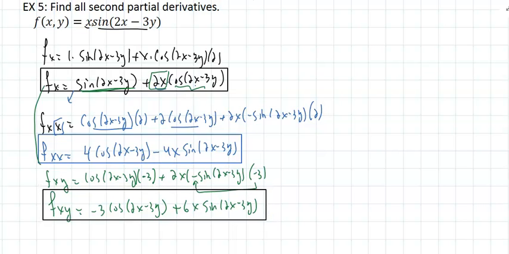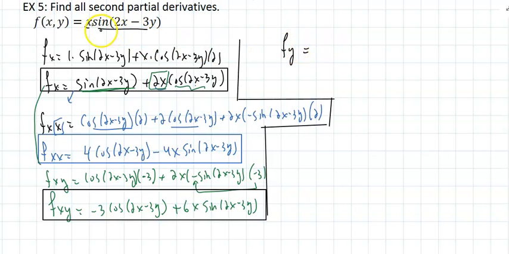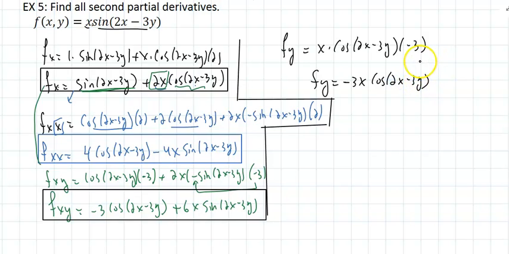What's the other half? I'm going to find f sub y. F sub y first: x is a constant, the cosine of 2x minus 3y times a negative 3. So f sub y is going to be negative 3x, the cosine of 2x minus 3y.